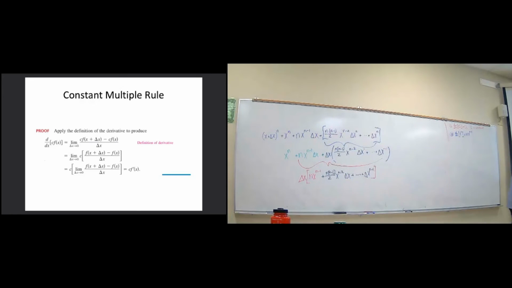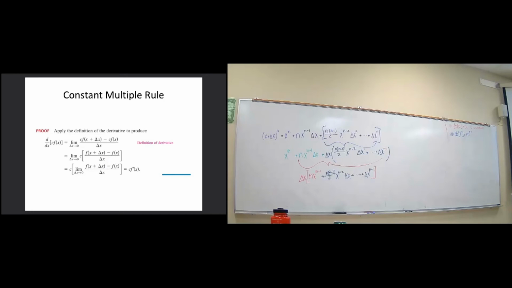If we want to find the derivative of c times our function, well, applying the limit definition, we're going to have c times our function at x plus delta x minus c times our function at x. Well, notice up top you can pull out your c's. And because of the limit and how it behaves with a constant times a function, you can pull out that constant now. You just apply the limit directly onto your function.